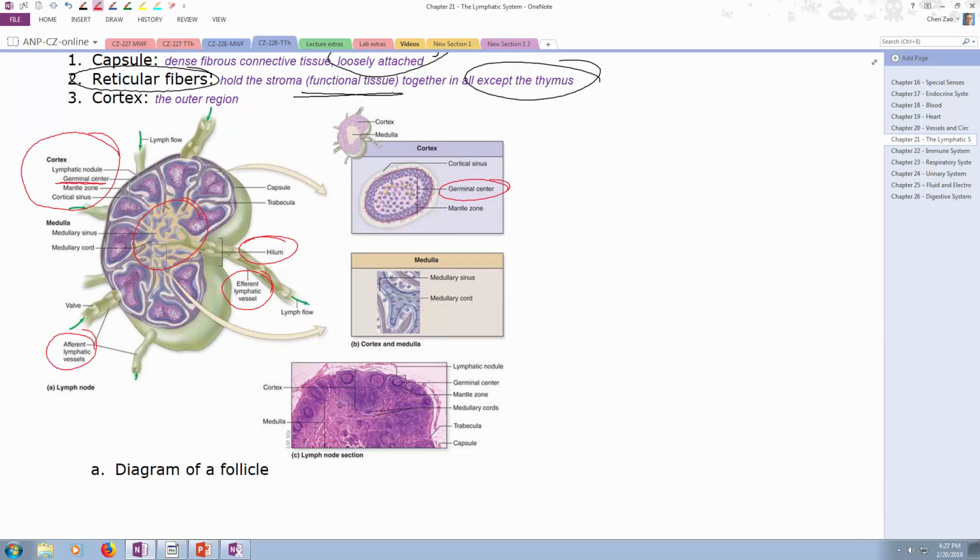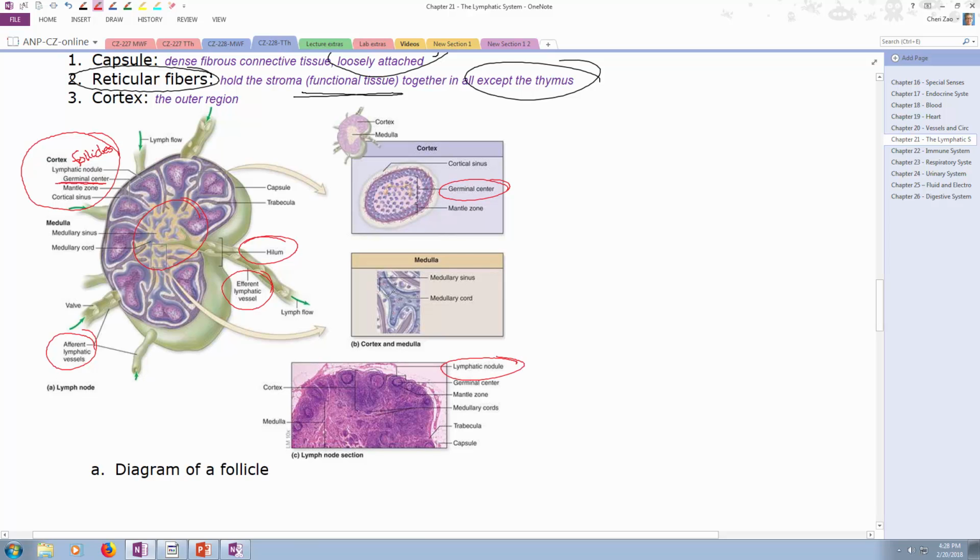So those are part of lymphatic nodules that we also call follicles. So they will often go by the same name. It's a synonym. Let's take a look here in this picture.